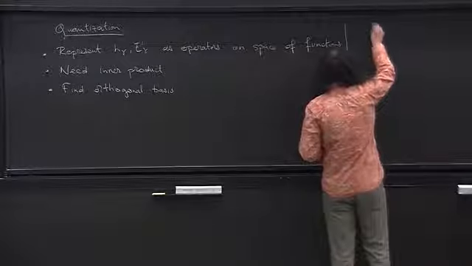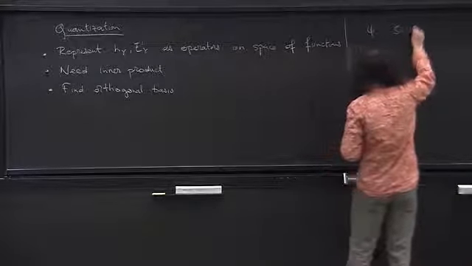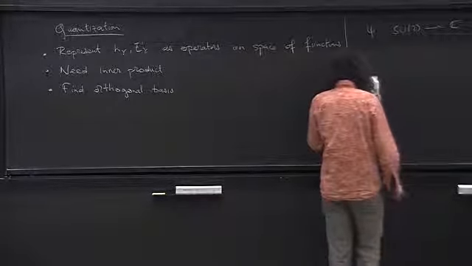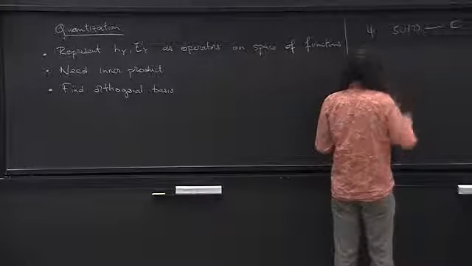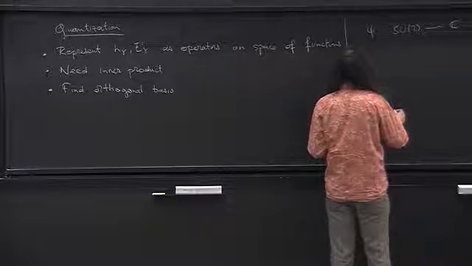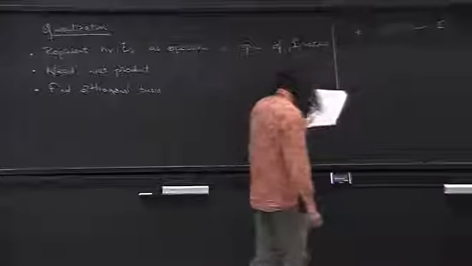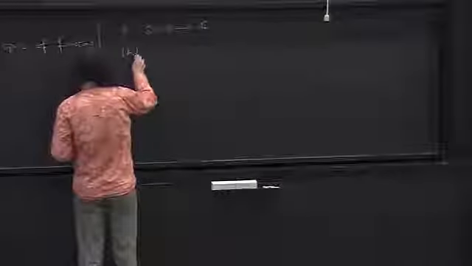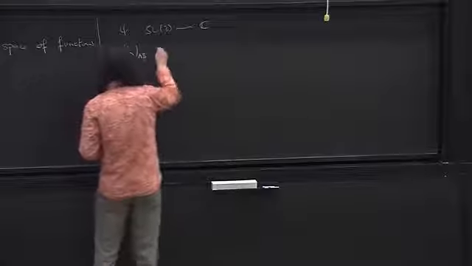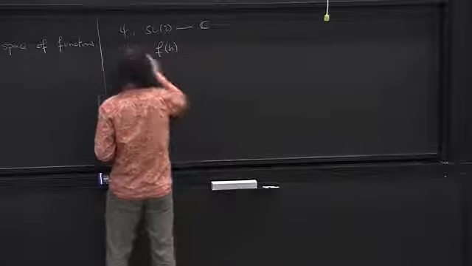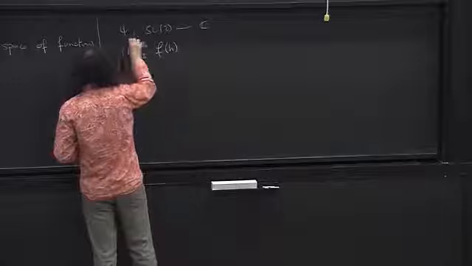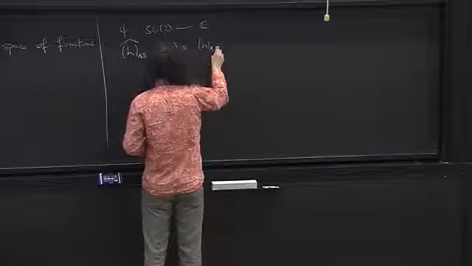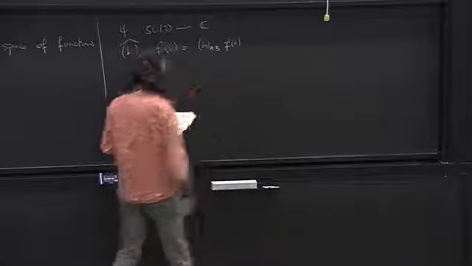So I choose functions psi from SU2 to the complex numbers, and the holonomy H, the matrix elements AB, will act on f of H. So the hat denotes the operator by multiplication. H, AB, f of H. Right?